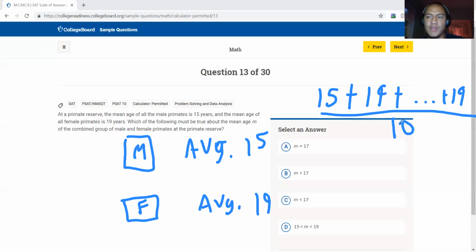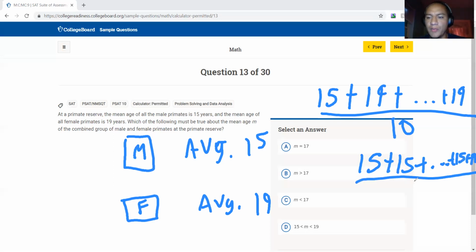So it's the same way the other way around. You could have 15 plus etc. plus 19 over some number, let's say 10 again. Clearly this will be closer to 15, so I'll put close to 15, and this one's going to be close to 19.